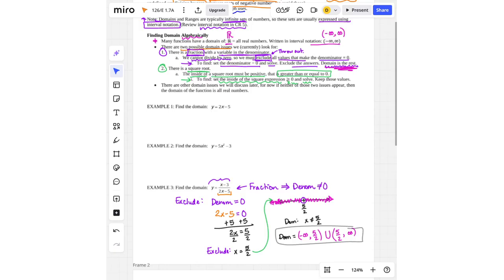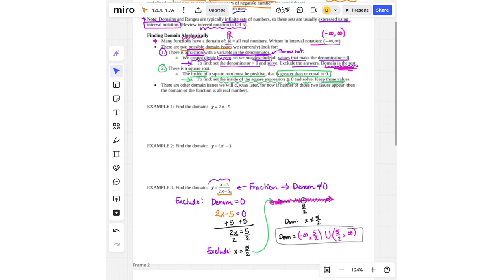Now, this is what we're keeping. So I just want to emphasize that. Up here, we got rid of what we solved for and we kept the rest. But here in 2, if you have a square root, you're going to keep those particular values.